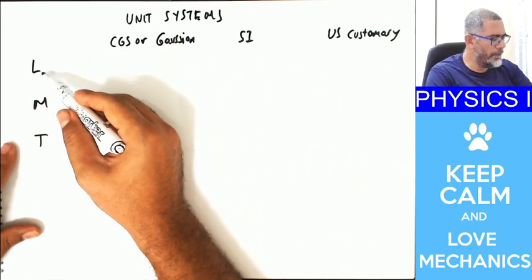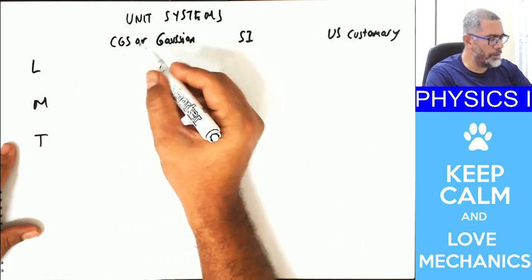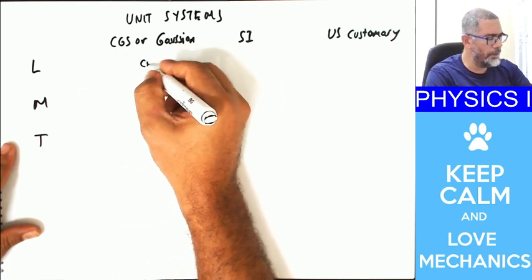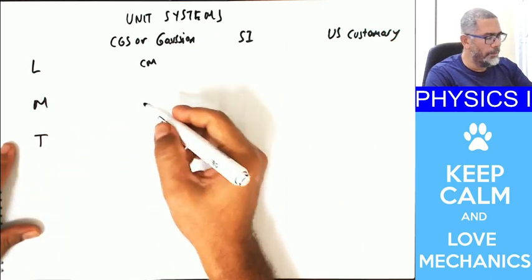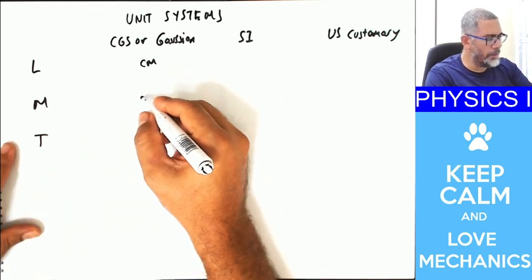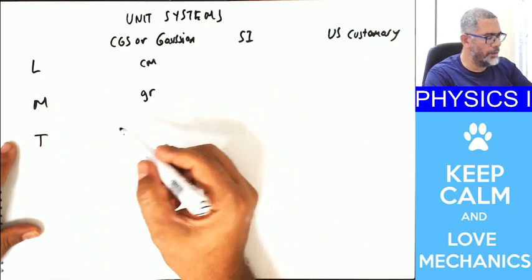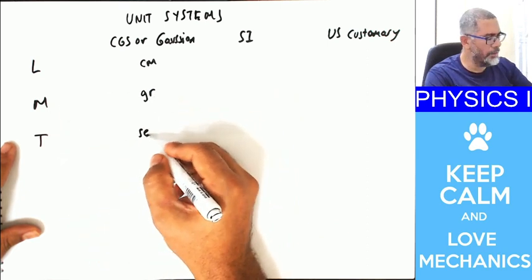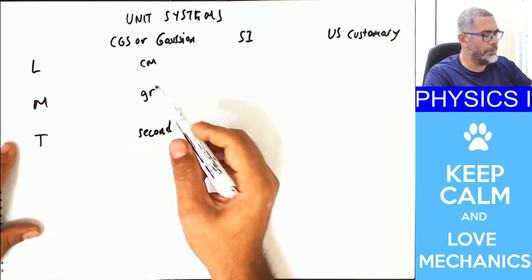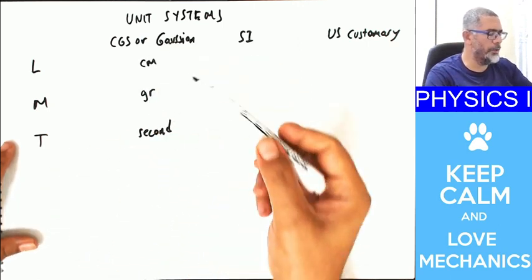For measuring length in the CGS unit system, we use centimeters, cm in short. We use grams for measuring masses, and we use seconds for measuring time in the CGS or Gaussian unit system.